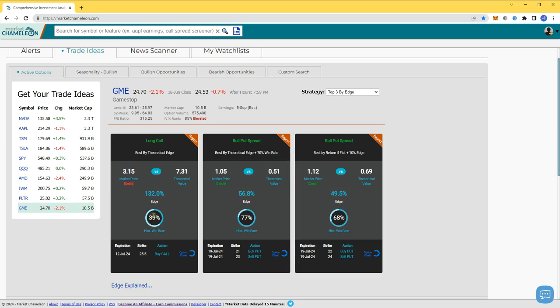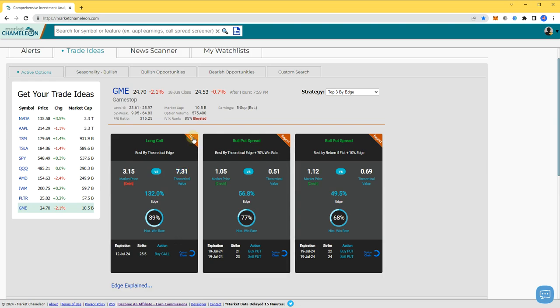And while the win rate is low, based on history, as I mentioned before, you should have paid $730 for these specific options. So if you're bullish on GameStop and you think it goes up, Market Chameleon says, you know what, compared to the historical value, you only pay $315 compared to $730. So that's something to consider.